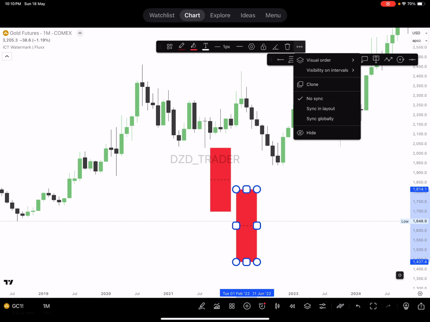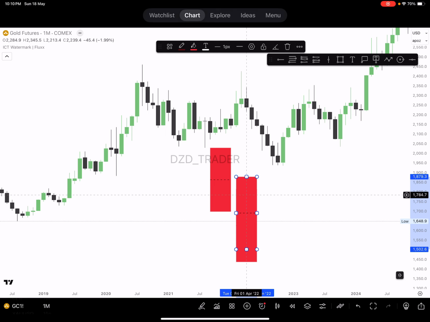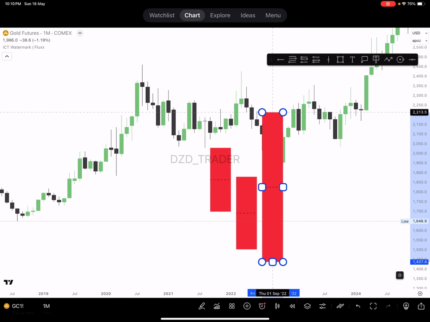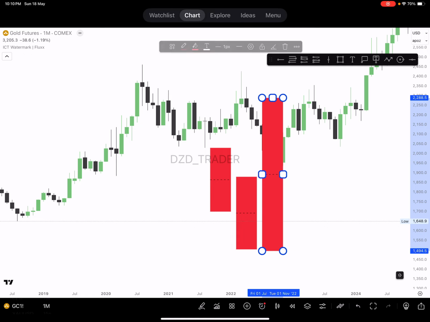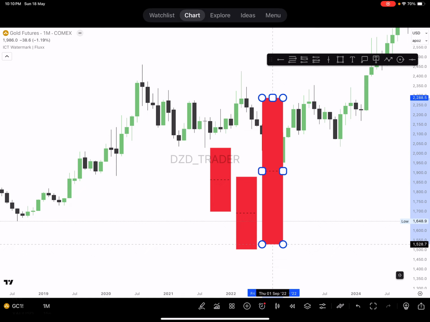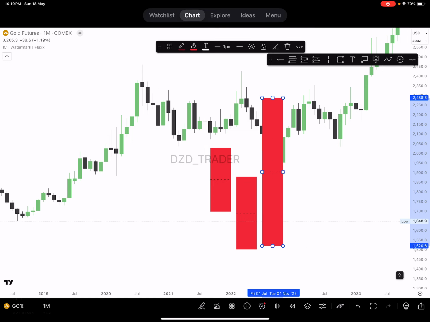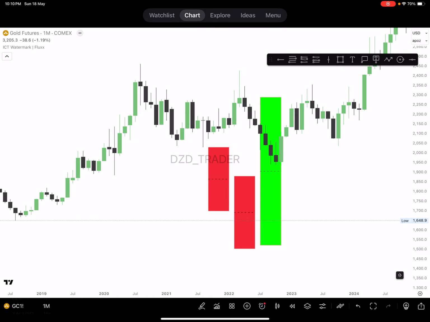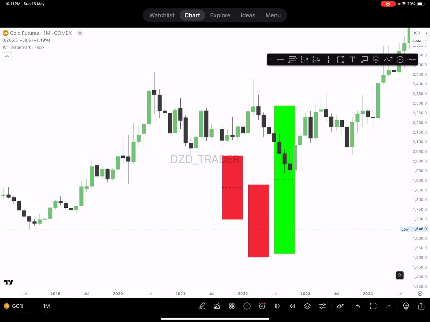These two bullish candles can act as an order block. The reason is that I forgot to mention that for a bullish order block, in our perception, we need to have at least one down close candle, and this down close candle has to be followed by a long candle if our bias is, of course, bullish.